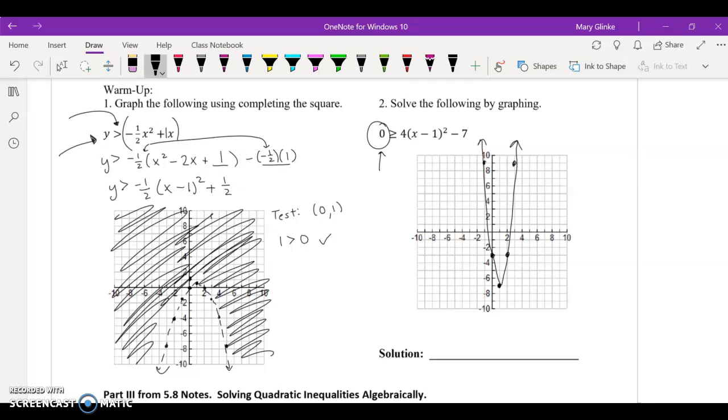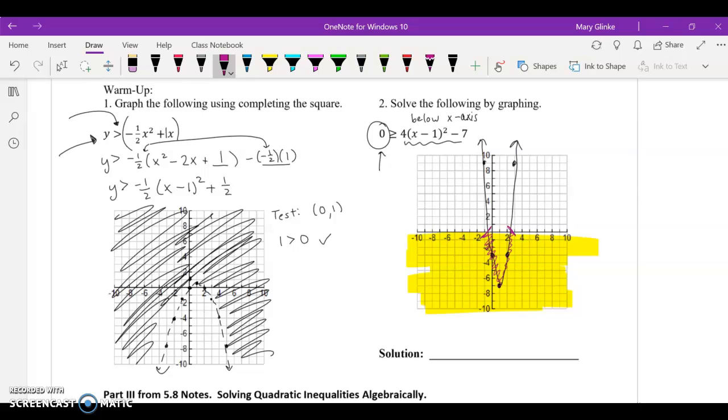So to find where our graph is smaller than 0, we're looking for where our graph is below the x-axis. If we look at everything below the x-axis, we can see that on our graph it would be this chunk down here, the bottom part of our parabola. So we need to know our zeros.